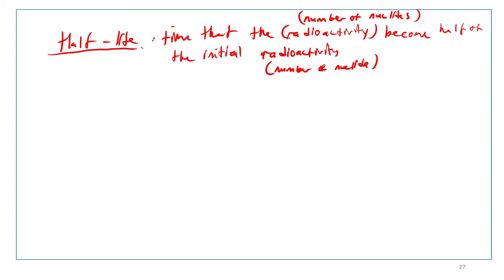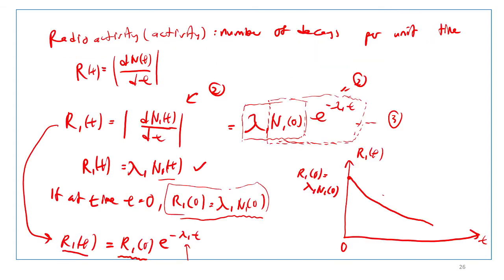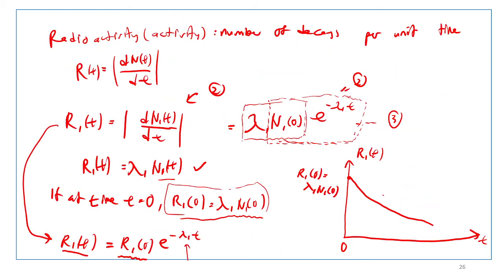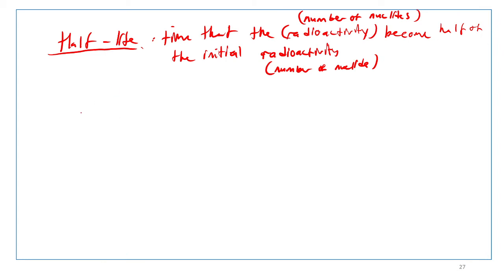Okay, so if I choose equation number 2, which is N1(t) equal to N10, the initial number of the parent nuclide at time 0, times e to the power of minus lambda 1 t.